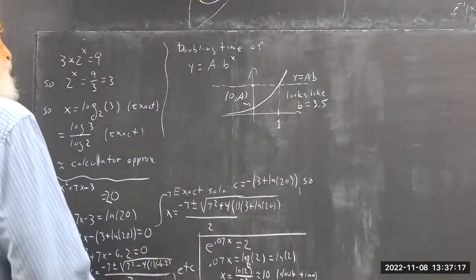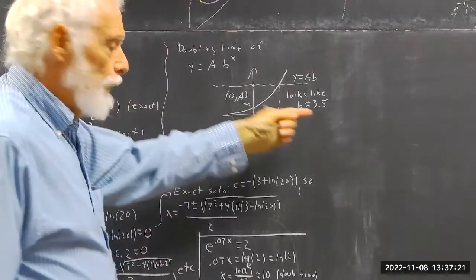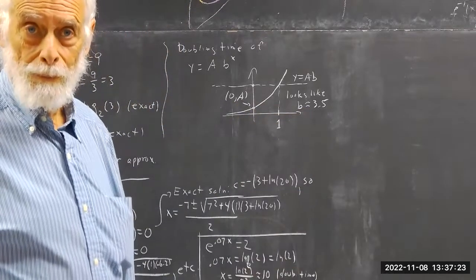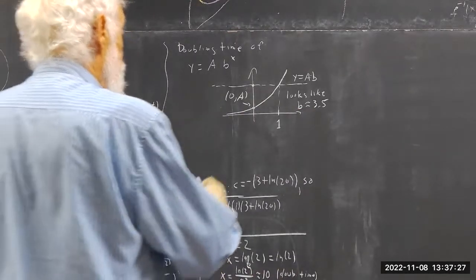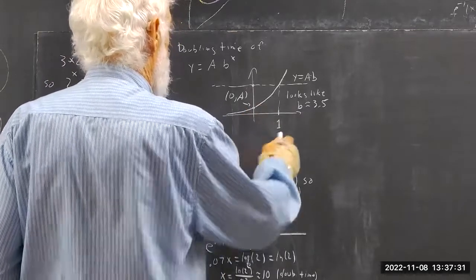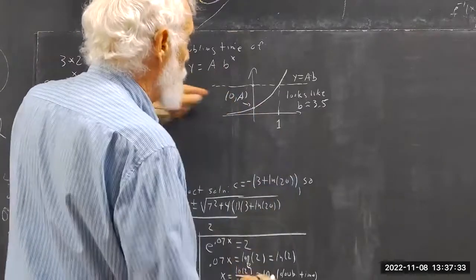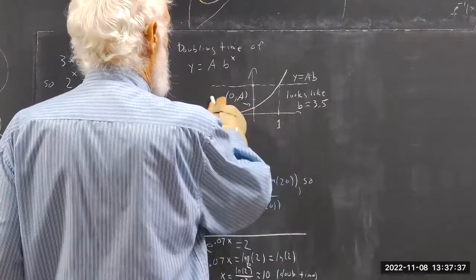Now, what's the doubling time? How long does it take this thing to double? Well, to double, it means it goes from a, let's say, to 2a. So where's the line for y equals 2a?